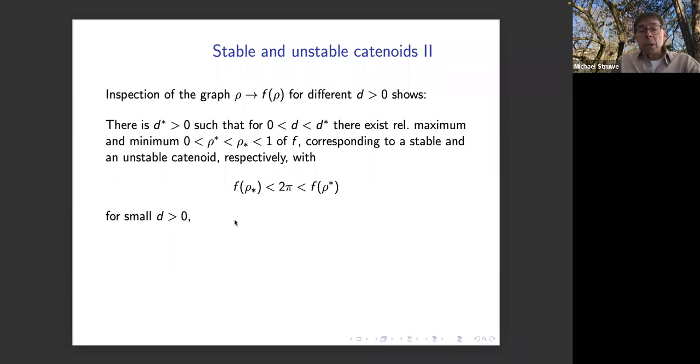Then when the separation gets larger, both these values converge to a value beta, which is strictly above the energy 2 pi of the topologically degenerate pair of disks. And this happens when d approaches the value d star.